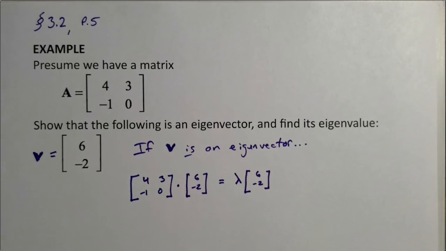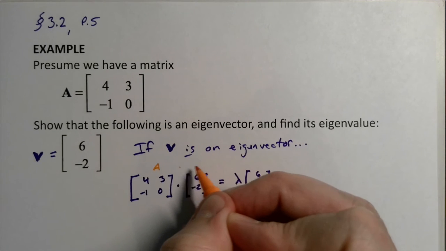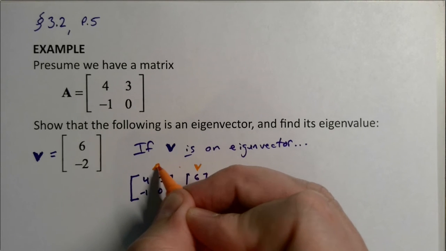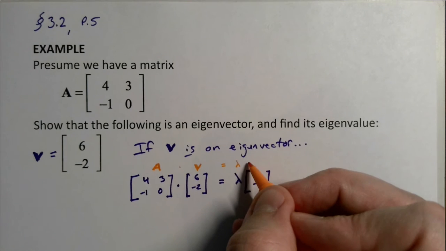In other words, what we're basically saying is A times v, where these are vectors, so I should make that nice and bold here, A times v has to be equal to lambda times v.